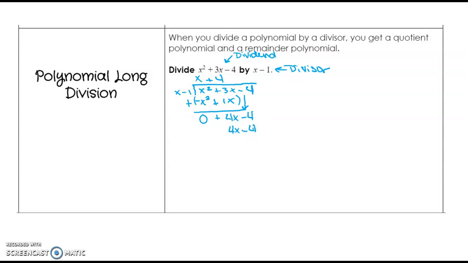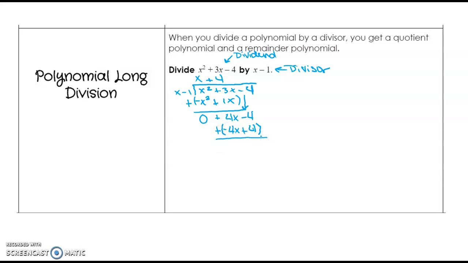Now I want to subtract this, and I know that when I subtract a polynomial, I need to distribute in that negative sign to everything on the inside. So I'm putting parentheses around this entire polynomial, adding a negative and then a positive, changing everything inside the parentheses.